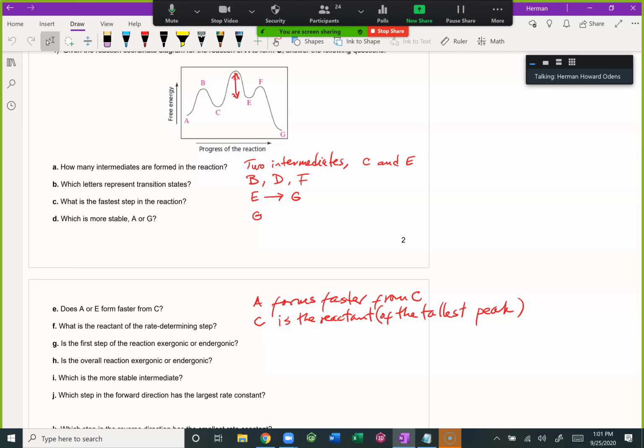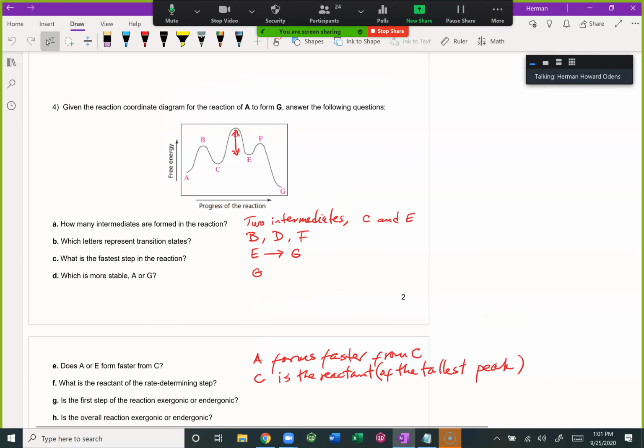So we're gonna go ahead and answer the letter G. Is the first step of the reaction exergonic or endergonic? And feel free to participate as I go along here. Yes, it's endergonic.